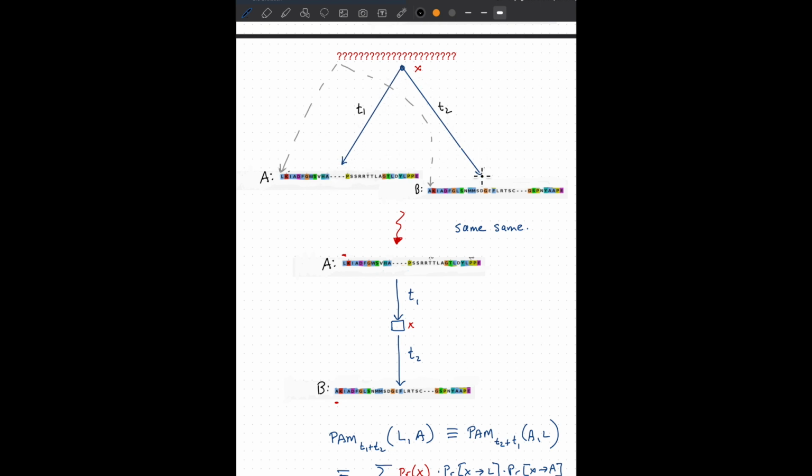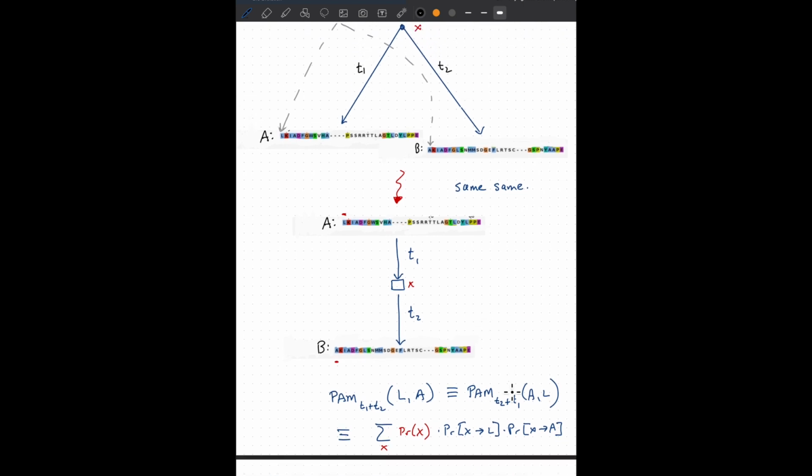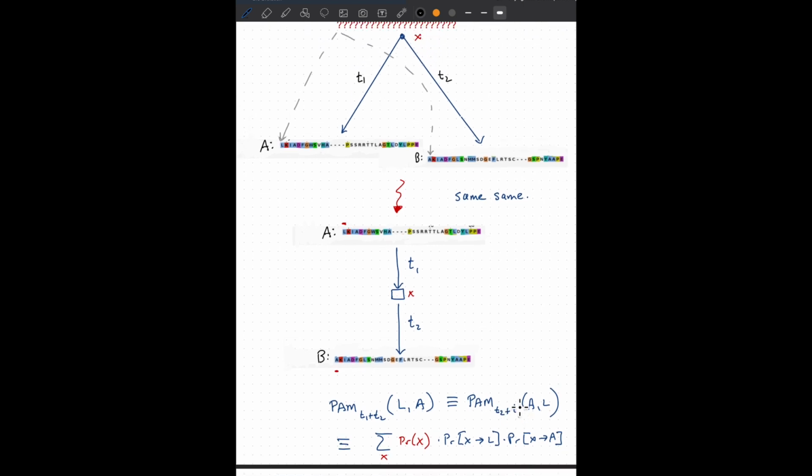And so the total evolution between A and B is T1 plus T2 PAM units, right? We'll see in this first position, for example, that L has switched to an A. That's equivalent to saying that T2 plus T1 PAM units separate B from A, if we want to go in that direction, right? And we went from A to L.